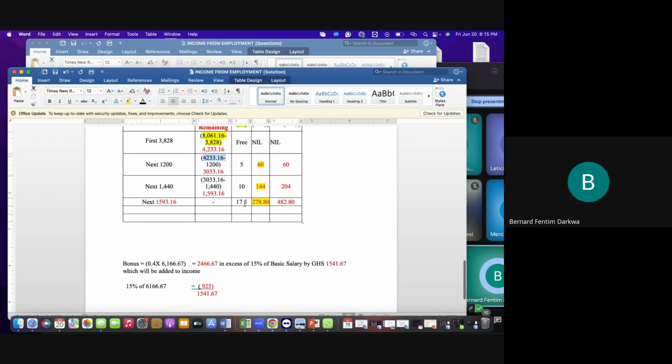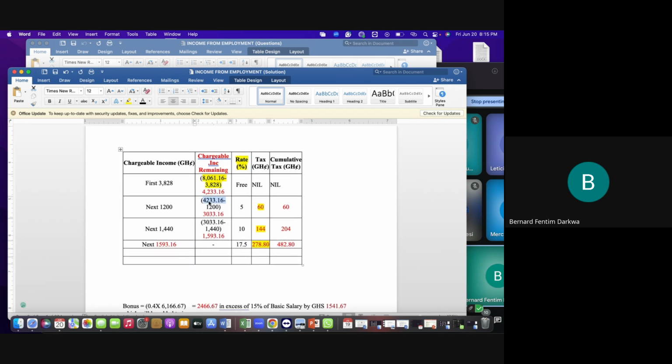As you are going, if you don't keep track of the balance left after taking the previous level, then you will make a mistake. Because the main one we started from was 8,000, but as you are going, the income will be reducing. So at any point in time, you should keep track of the income left, which is what you have to subtract from. That's why I always advise them that you create a table.